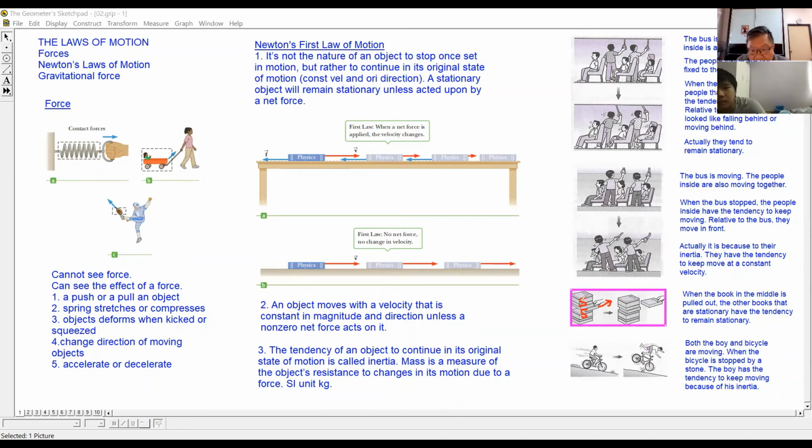Because the book at the top has inertia, it will not follow the book at the bottom. Because of its inertia, it will remain stationary. So it won't follow the book. When it remains stationary and the book at the bottom is removed, it will fall vertically downwards. It will not follow the book that is taken out, because this book has inertia, because they refuse to move.